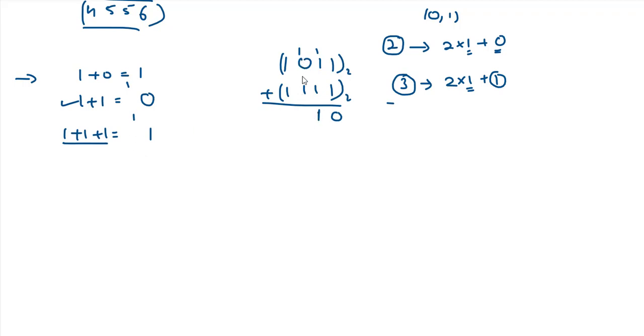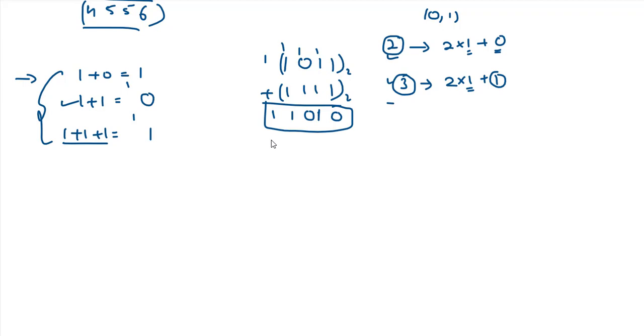Now again 1 plus 0 is 1, 1 plus 1 is 2, so we'll have 0 here and 1 carry. Then 1 plus 1 plus 1 is 3, so we'll write 1 and take 1 as carry. This 1 will come down. So this is how you can add numbers in the binary system. For adding numbers in the binary system, you don't have to really break up these things. If you just remember these three additions, you can easily solve your problems based on binary addition.